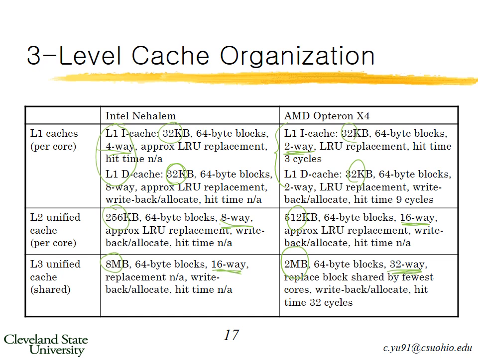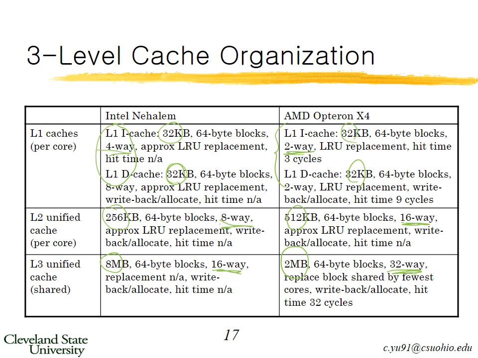Just to give you an idea, the Intel CPU has 3 levels of multi-level cache. The level 1 cache has the instruction cache and data cache separate. Levels 2 and 3 are combined caches: level 1 is 32K bytes, level 2 is 256K bytes, and level 3 is 8 megabytes.